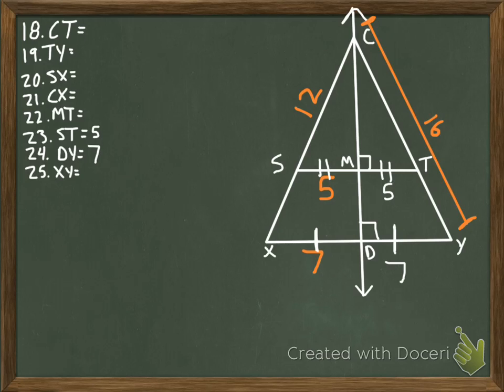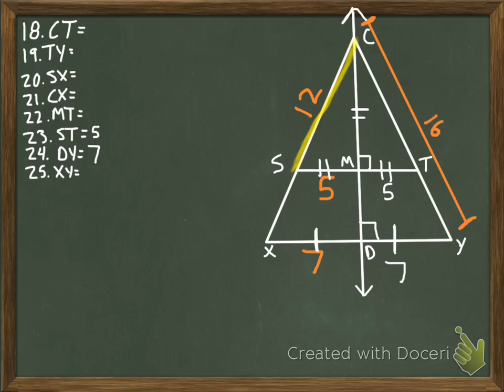So the first question is, what is CT? Okay, so look at the picture, find CT. CT is going to be congruent to CS on the other side, because these top two triangles are congruent to each other according to side.